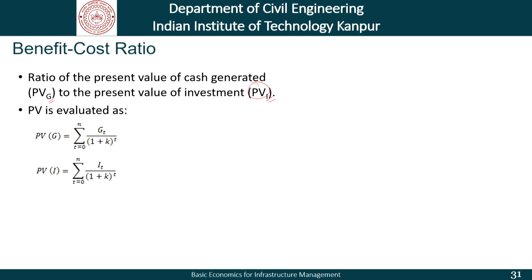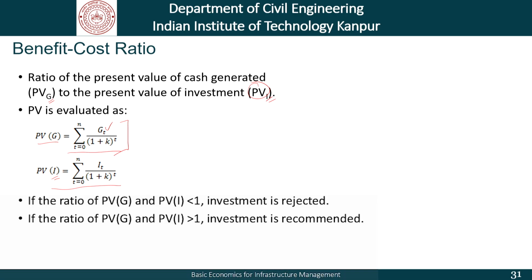It is evaluated as given here, that is the PVG is the sum of all the generated numbers, that is all the numbers where the generation is happening and summing them, whereas the investment is also a sum of all the investments being made and being reduced to the present value.